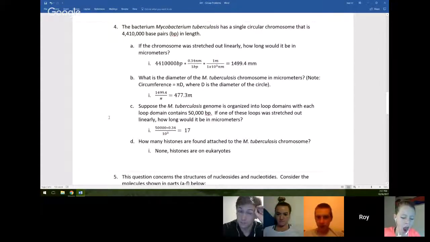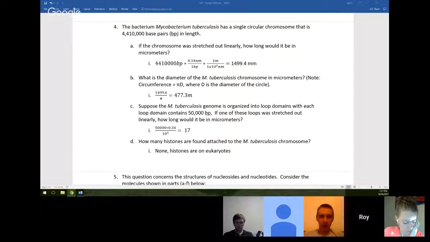All right, Sky will explain that for us. So I have number 4, and it says the bacterium Mycobacterium tuberculosis has a single circular chromosome that is 4,410,000 base pairs in length. And it says if the chromosome was stretched out linearly, how long would it be in micrometers? So basically to do that, you take the 4,410,000 base pairs and convert it to micrometers.